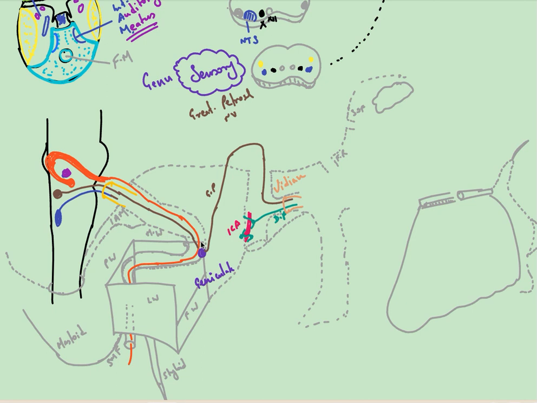So we can say that in front of the foramen lacerum there is an aperture through which this Vidian nerve will enter the pterygopalatine ganglion.